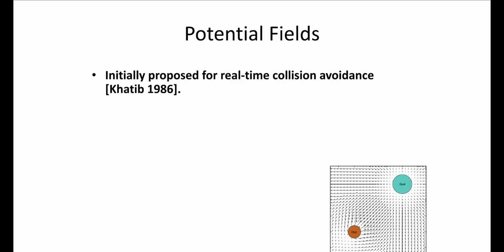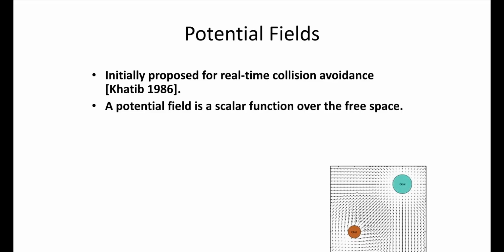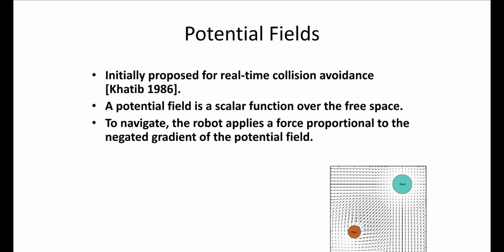So we have this scalar function over my space. It's not going to be defined where obstacles are because I should never be there, so I don't need to actually know what that is. Then all I'm going to do is follow the hill, right? So find the negated gradient of the potential field at that position. One way that I can find that is to imagine that this is a matrix of numbers, corresponding to an X and a Y position.